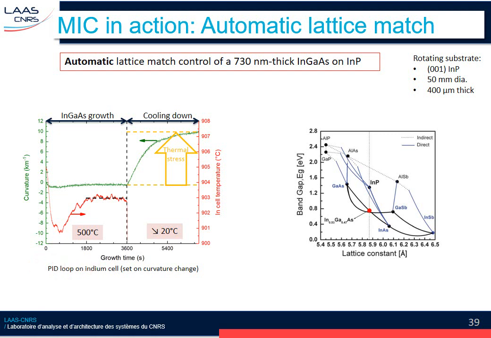So all this was automatic, and the growth was performed at 500 Celsius, and so we had a perfect lattice match at growth temperature. But then we lowered the temperature to remove the wafer, and what we noticed is that there was a change in the curvature during the cool down, and this comes from the thermal stress.